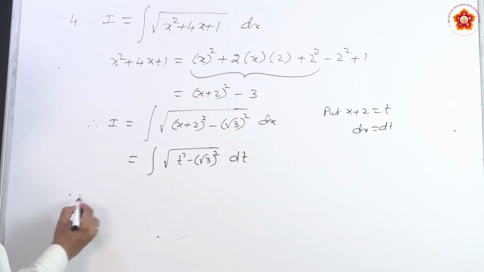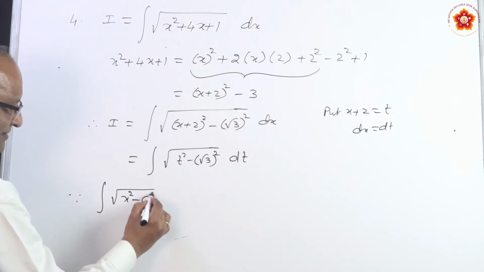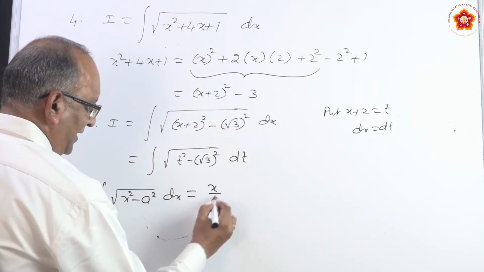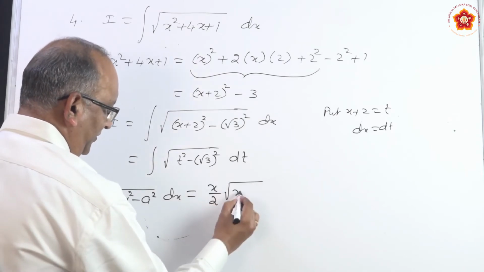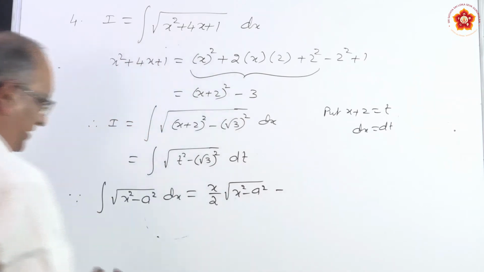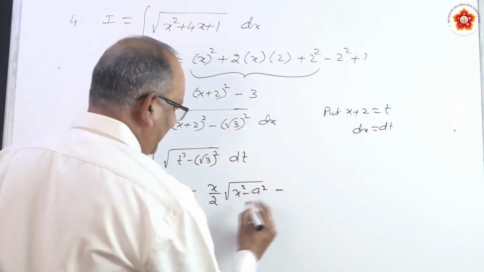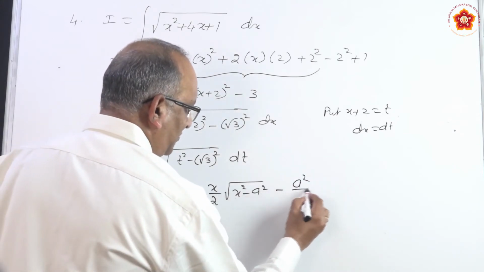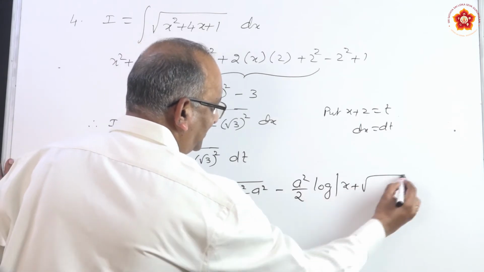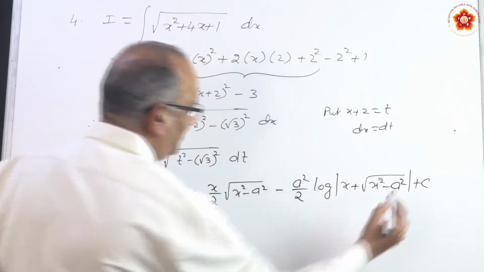What is the formula? Integral of under root of x square minus a square dx is equal to x by 2 under root of x square minus a square minus, remember when it is x square minus a square, the formula also has a minus sign in between, minus a square by 2 log of x plus under root of x square minus a square plus c.